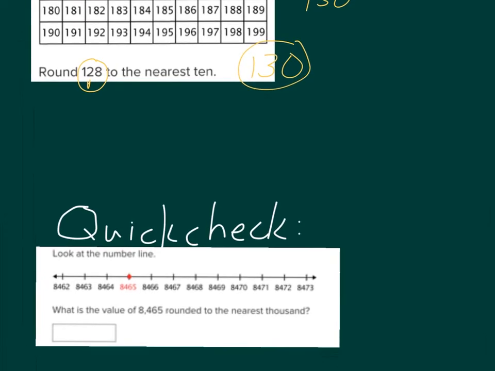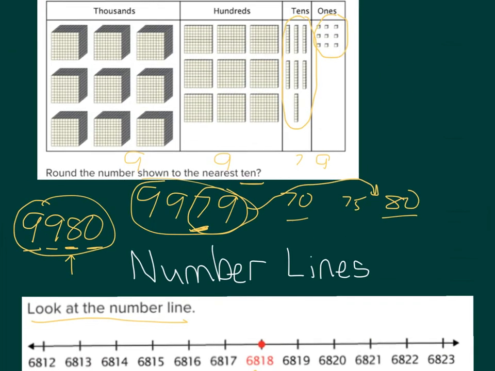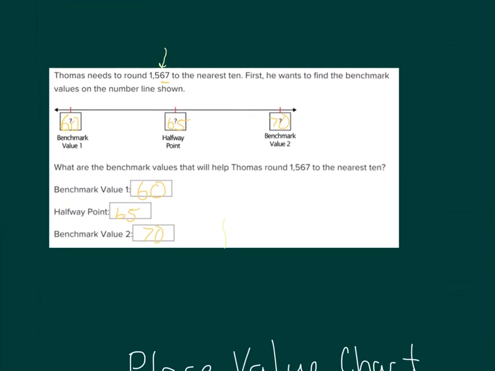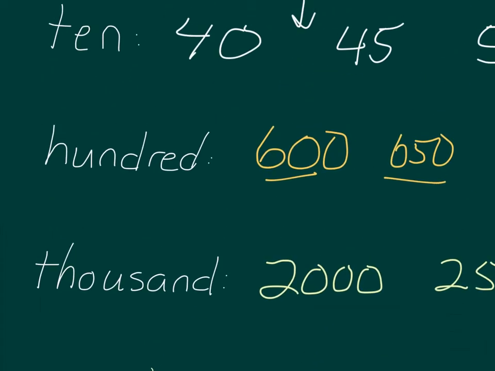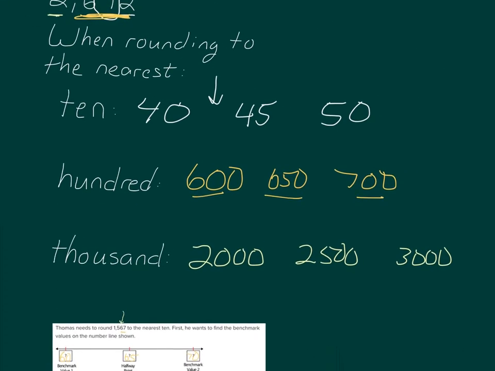Now, you're about ready for the quick check. Before you do the quick check, I'm just realizing, let's go back up here to the top. I was talking about benchmark numbers.